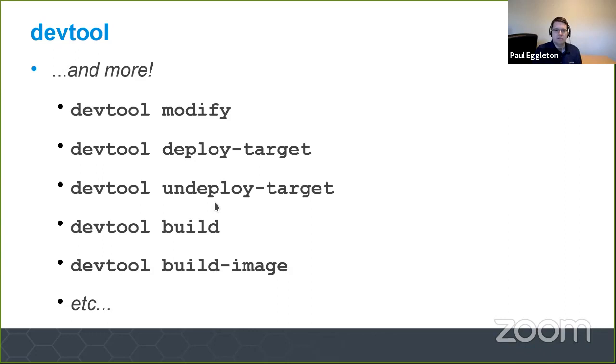And devtool build and build-image are a couple of helper wrappers around Bitbake that make things just a little bit easier. So by and large, devtool exists to just make the exercise of working with recipes and sources just that little bit easier. So hopefully they actually do that.